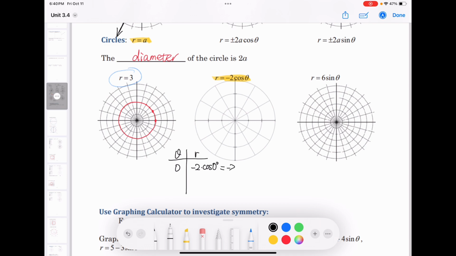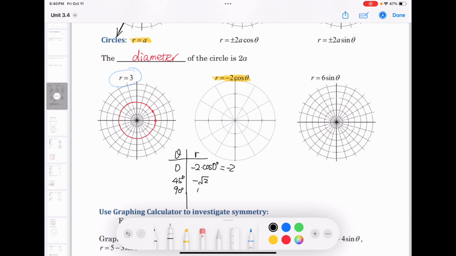When theta is equal to 45 degrees, we have -2 times square root of 2 over 2, which is negative square root of 2. We keep finding more points. For 90 degrees, we have -2 times cosine 90, which is 0.